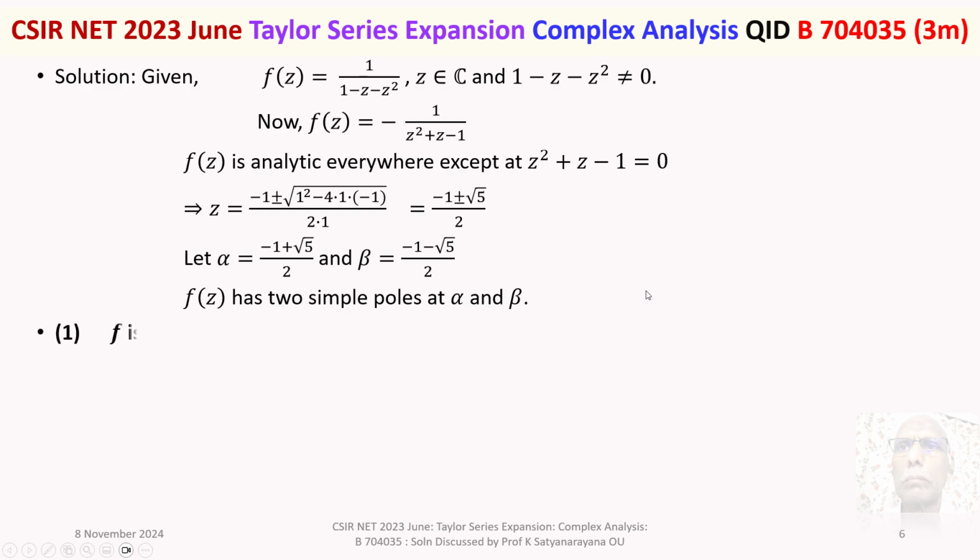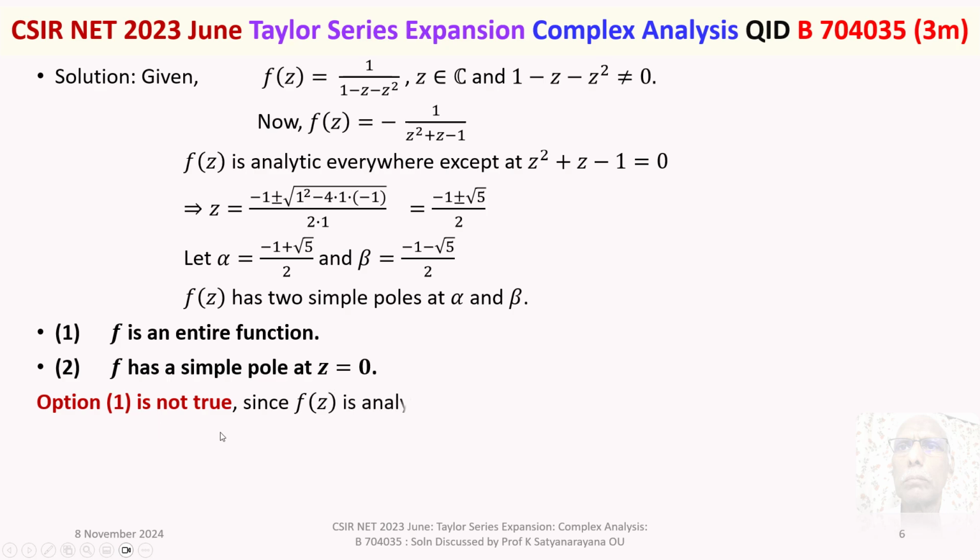Now we recall the options. Option 1 says f is an entire function. Option 2, f has a simple pole at z is equal to 0. Now, clearly, f is not an entire function. Had it been an entire function, it is regular on the whole of the complex plane. It will not admit any singularities at all. But since f of z has two simple poles at alpha and beta, f is not an entire function.